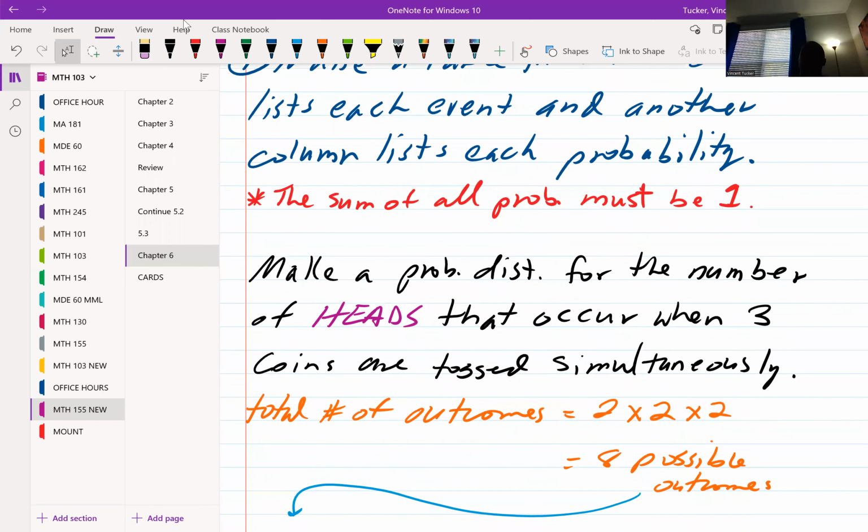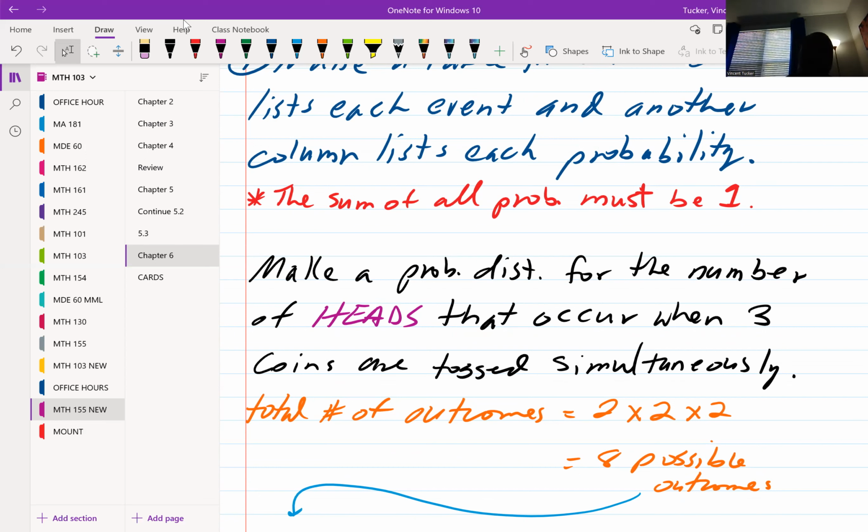Very similar to the problem with the two dice. If we want to know the total number of possible outcomes, you multiply the number of options for each one of the dice. We had a die that had 6 spaces and another die had 6 spaces, so 6 times 6 gave you 36 possible outcomes.